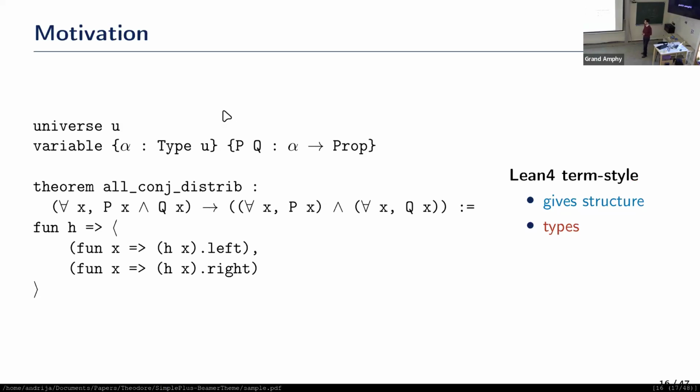And then another way in Lean 4, what we can do is use lambda abstractions to prove the theorem.